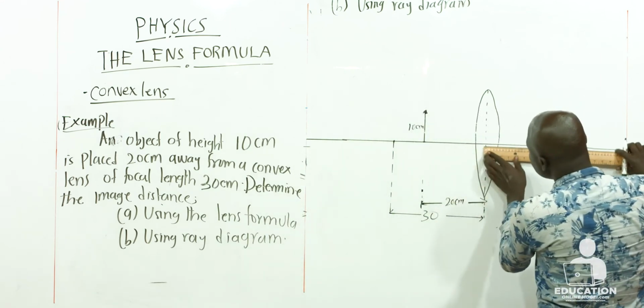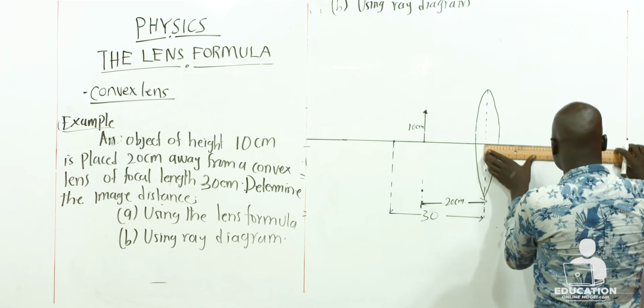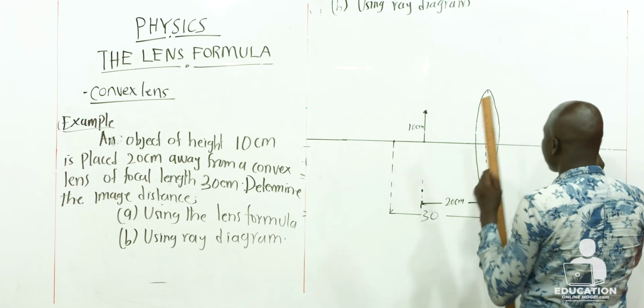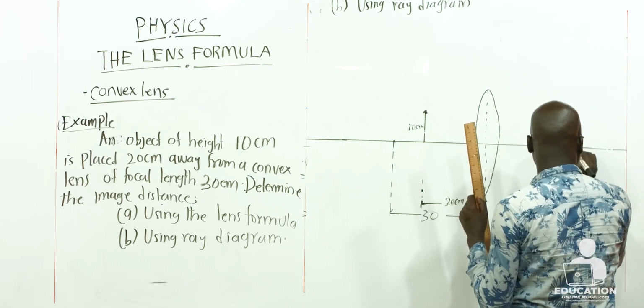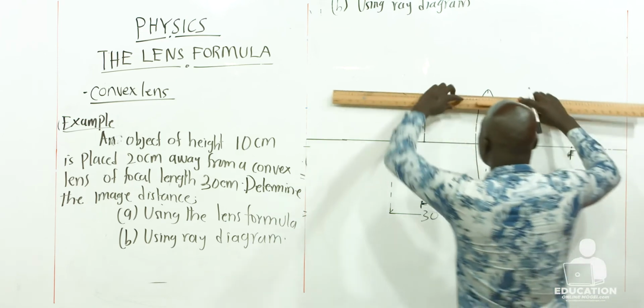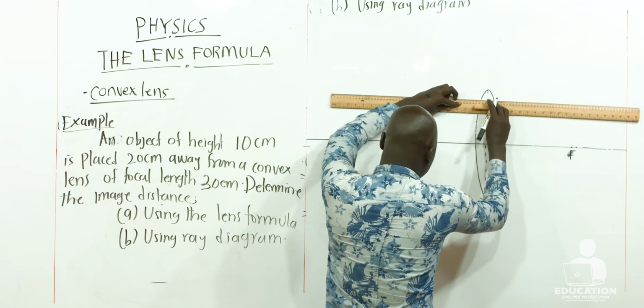Keep in mind that the distance between the optical center and the principal focus are the same on both sides, and we are taking it to be 30 centimeters. So this is point F. Now a ray parallel to the principal axis.